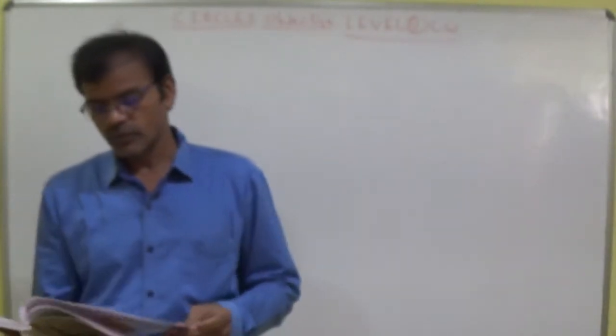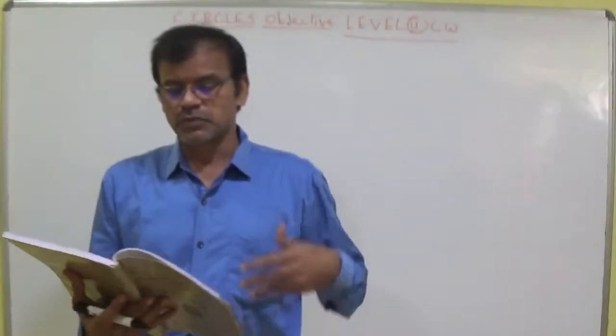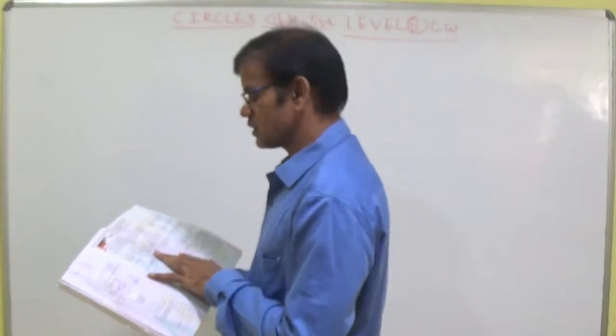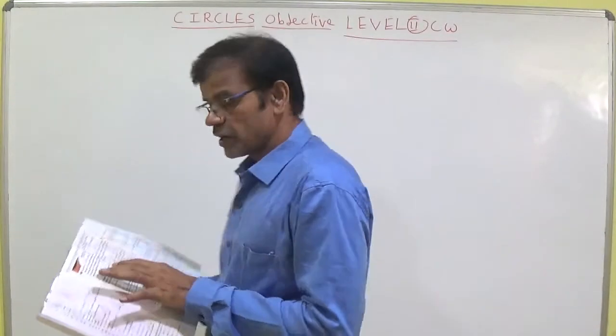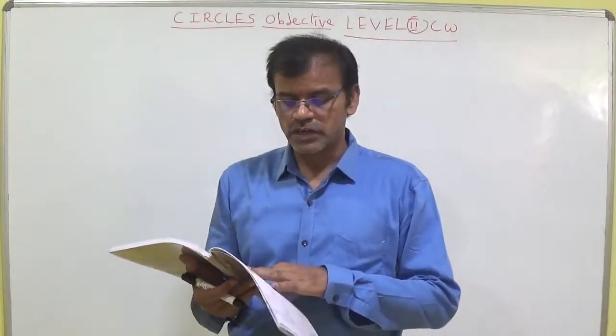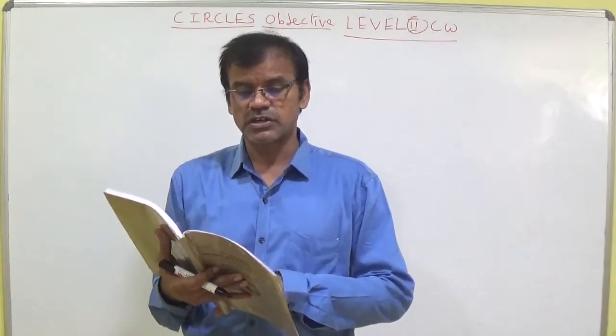According to your objective material, level 2 or module 2 classwork is there. I am not writing the question, students, everybody is having material, I think. See the material and try to understand the question.